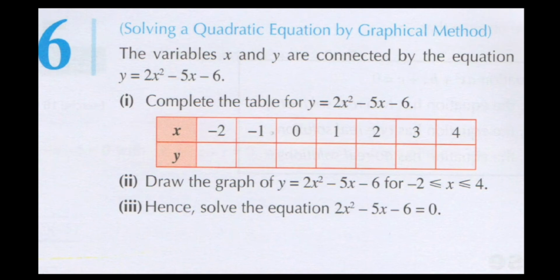And then usually the question will tell you what is the range of values for x. So in this example, the range of values for x is from -2 to 4. So you pick out some sensible values, -2, -1, all the way to 4, and you can pick whole numbers. It's easier for yourself. And after that, you want to try to find the y values that correspond to this.